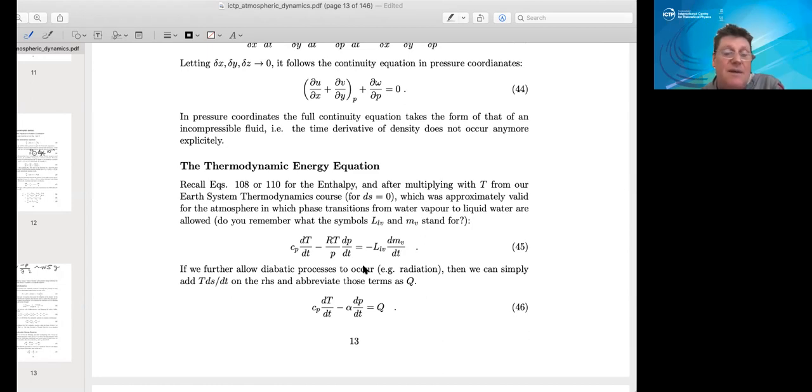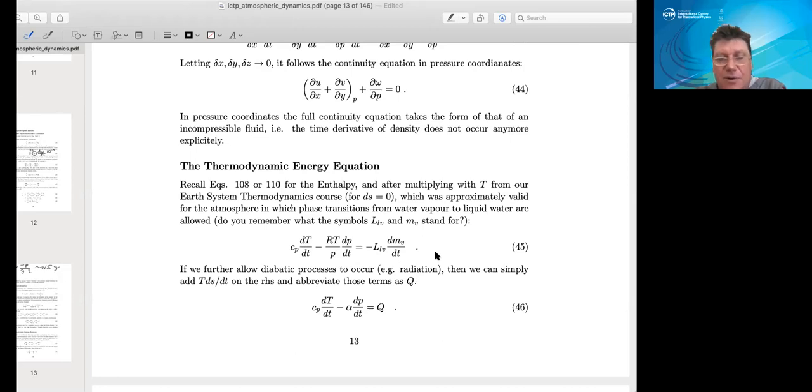But in reality, there may be many other diabatic processes that change the temperature. One very important one could be radiation. You may want to include the possibility that radiation changes your temperature. Or frictional dissipation. Frictional dissipation will also change your temperature.